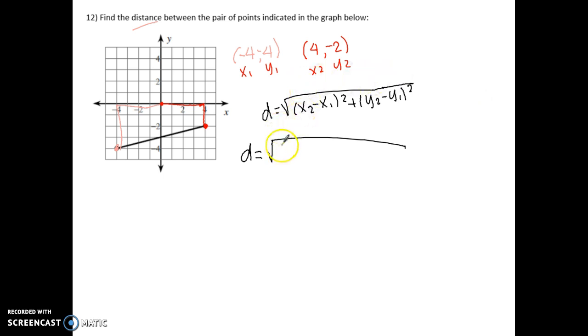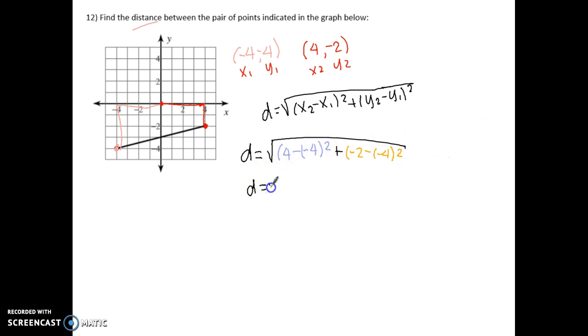We have parentheses x2, which is 4, minus x1, so minus -4, squared, plus parentheses y2, which is -2, minus -4 for y1, squared.